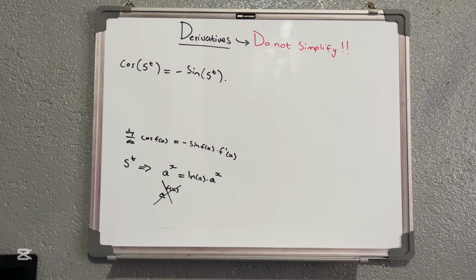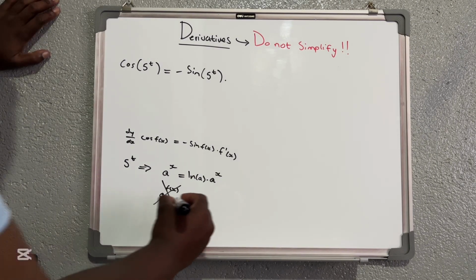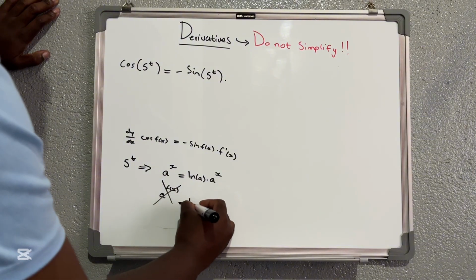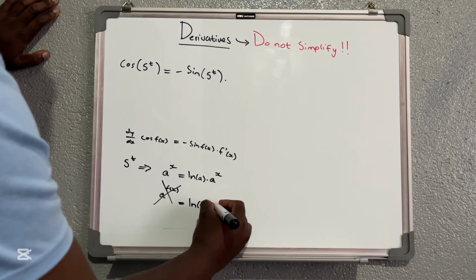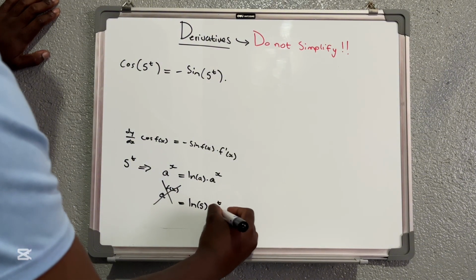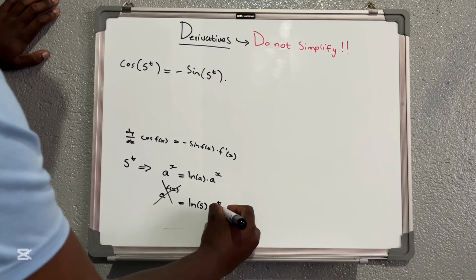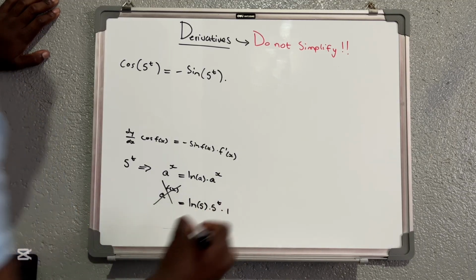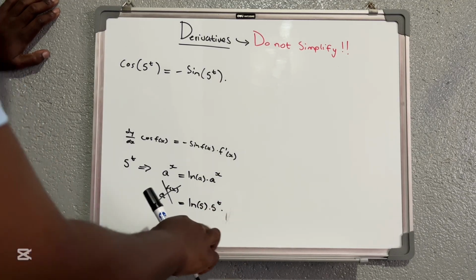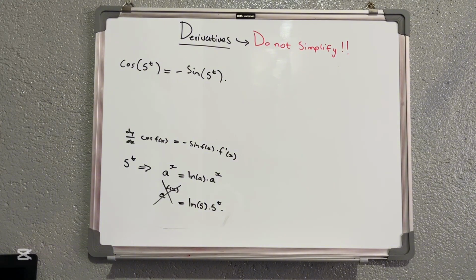You see? So now it means if we're going to be deriving that, we're going to be getting ln of 5 multiplied by 5 to the exponent t, then the derivative of t is 1, so you can even just leave that one out. Then you're going to have your final answer that says this one.